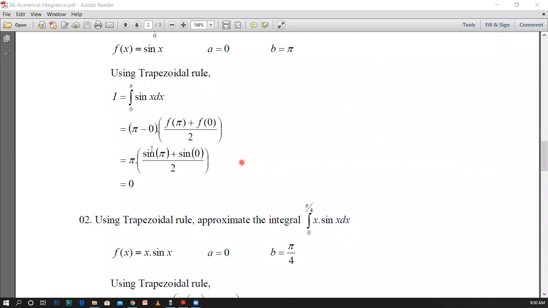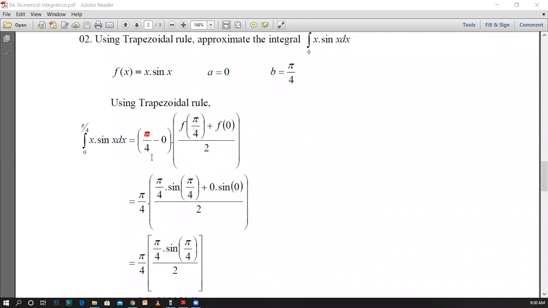If you use that substitution, a is 0, b is 5 divided by 4, and b minus a is here. Then the value of f of a is f of 0, and the value of the function for x equals 5 divided by 4 at the point b is here.